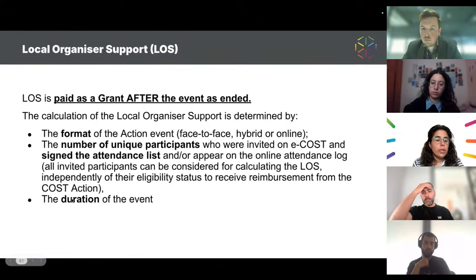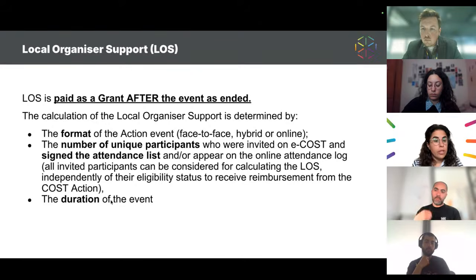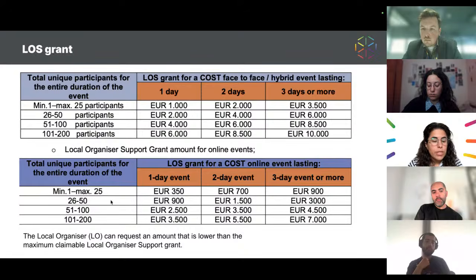The amount of the grant also depends on the duration of the events. So here is the table that you can find in the annotated rules, which differs according to the number of days, so 1, 2, 3 days or more, and the number of participants.